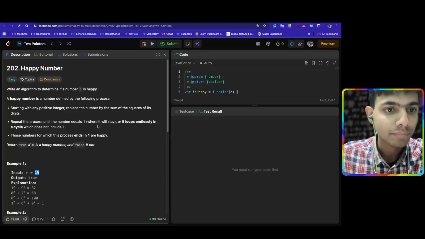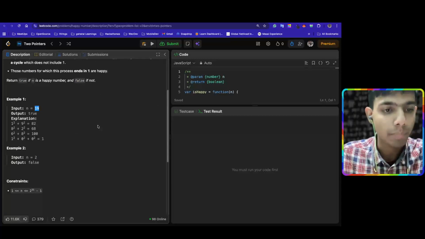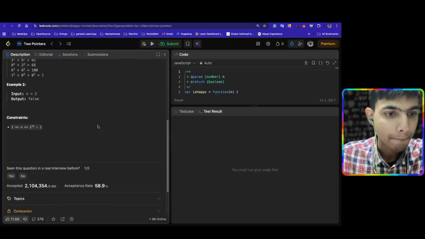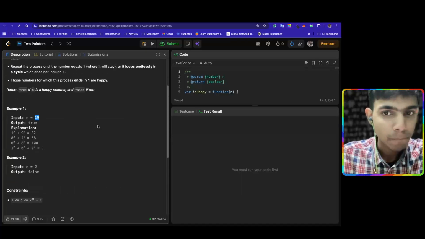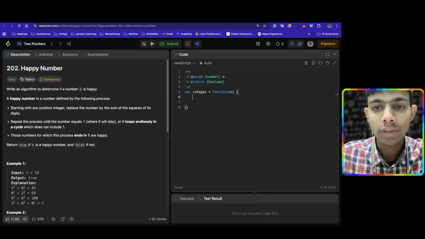Those numbers for which this process ends in 1 are happy. So we have defined the base case. What should be the base case, guys? We just have 1 and the number.